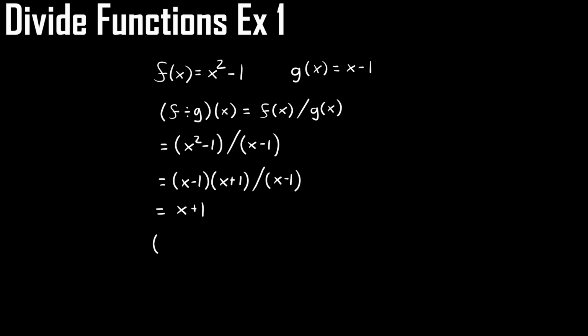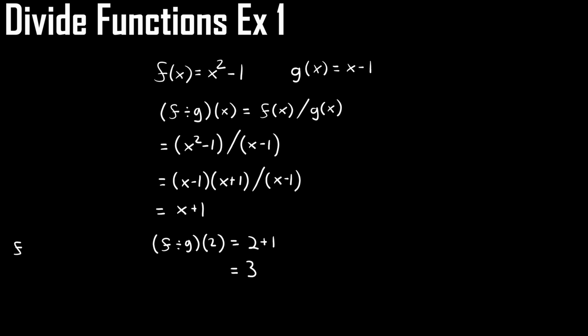So f divided by g of 2 equals 2 plus 1. This simplifies to 3. And now we can test by plugging 2 into f of x and g of x and then dividing.